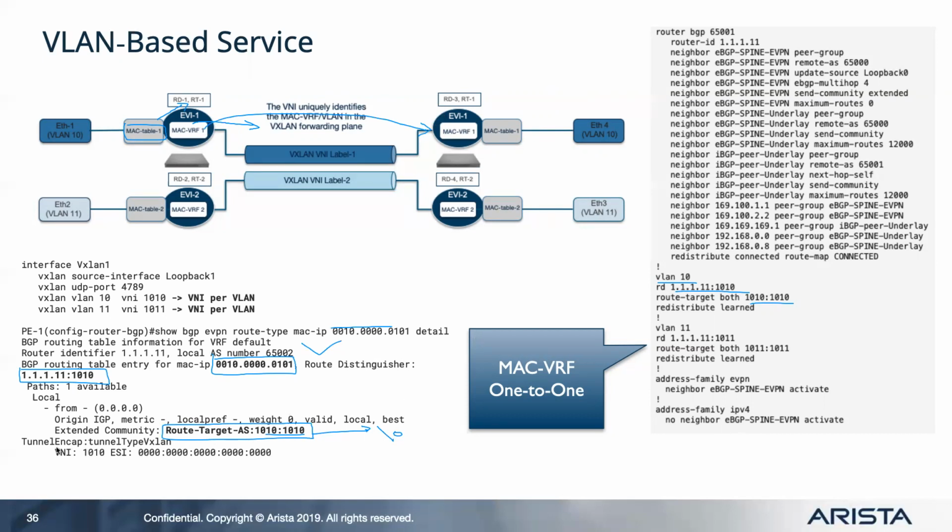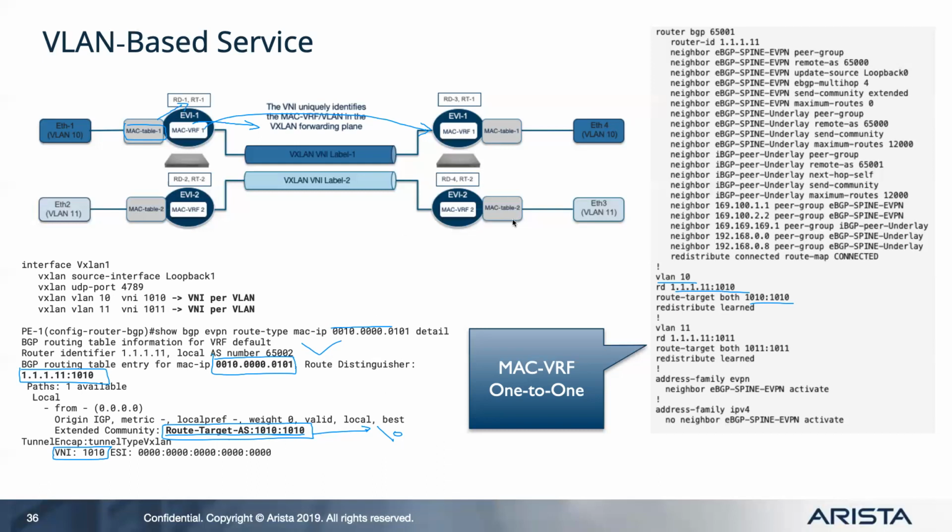We don't use this VNI, but we still send out this VNI information as well in the EVPN table update. We just check the route target, and based on that, we install this route into the MAC table, to understand that this MAC belongs to VLAN 10.